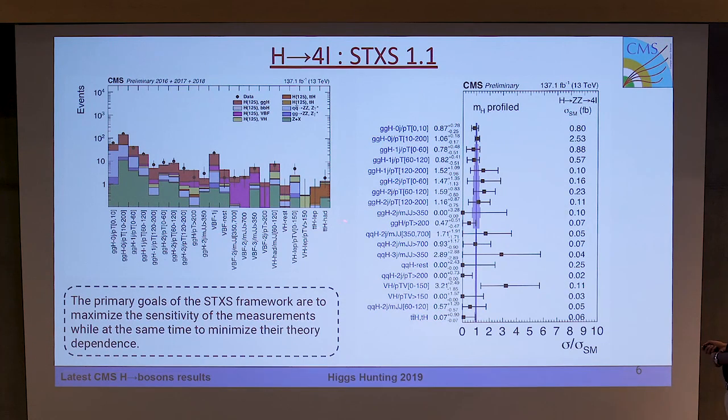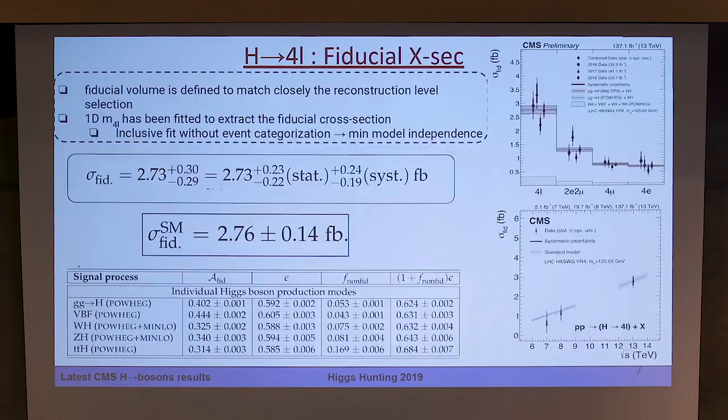We have some special bins for the ttH as well in this analysis. You see here the signal strengths for each of these categories, and they are compatible with the standard model within the errors. For these measurements, the mass of the Higgs was profiled.